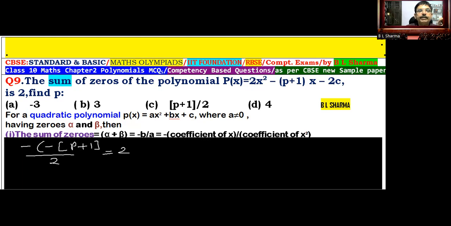On further simplification, negative and negative positive, so (p plus 1) by 2 is equal to 2.